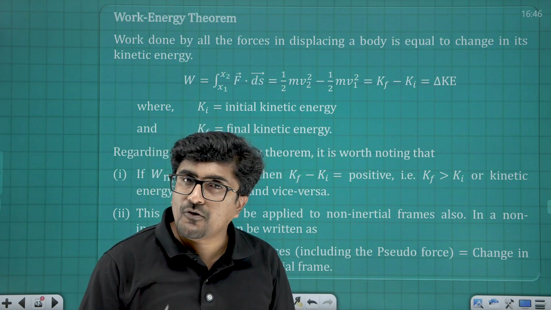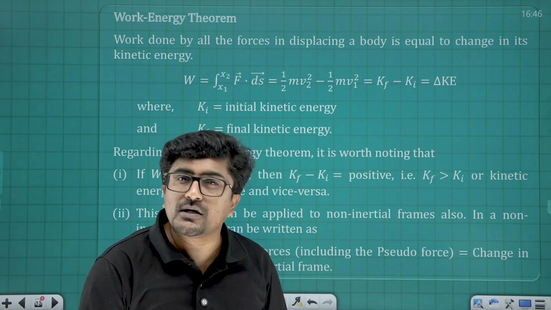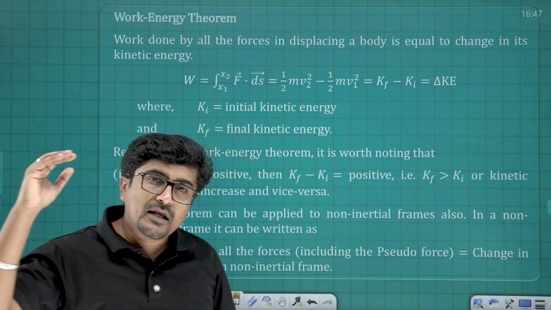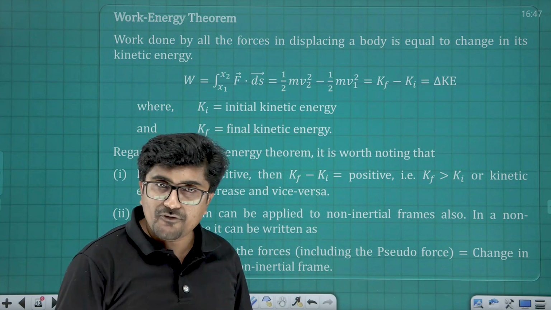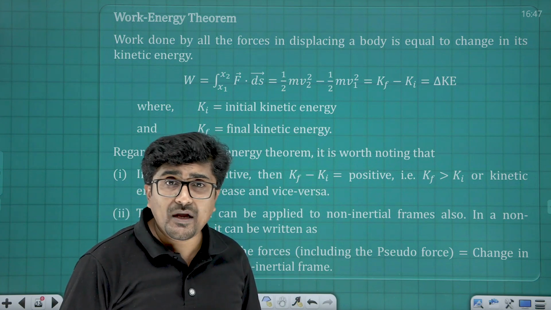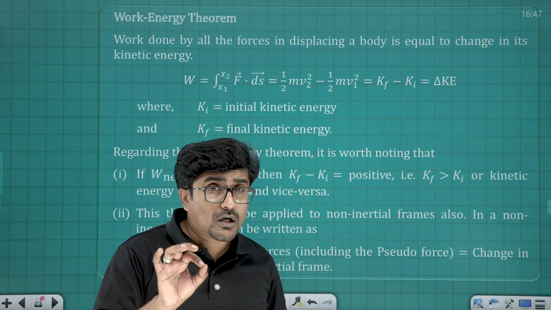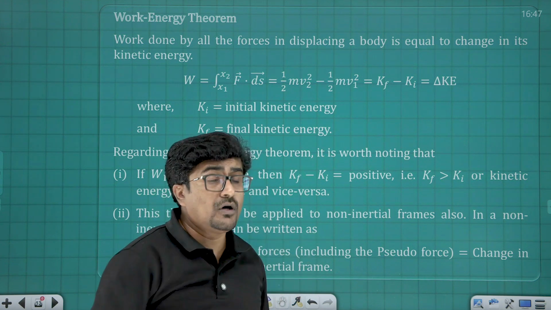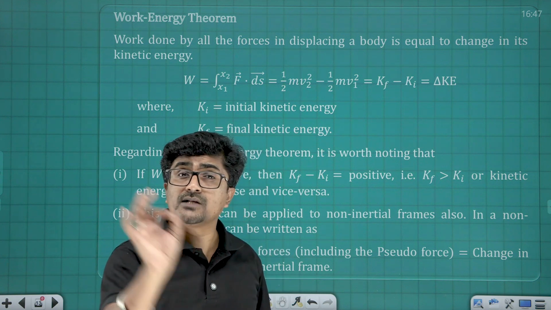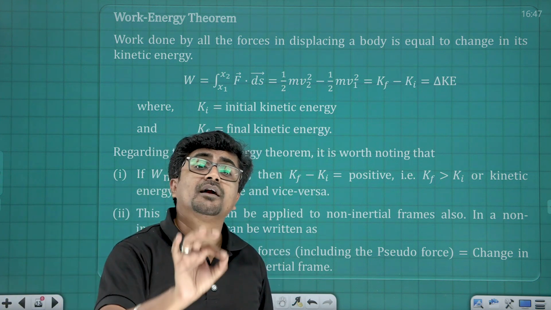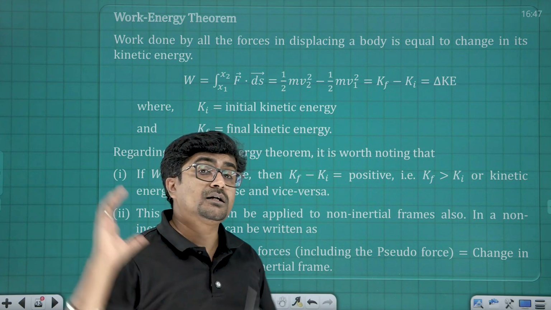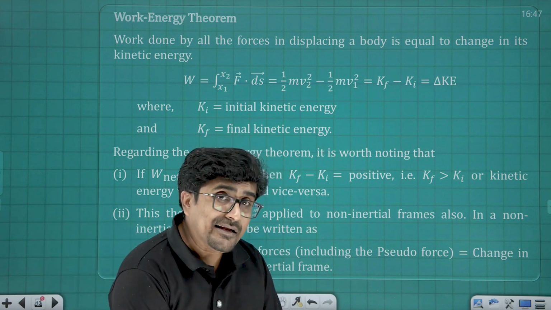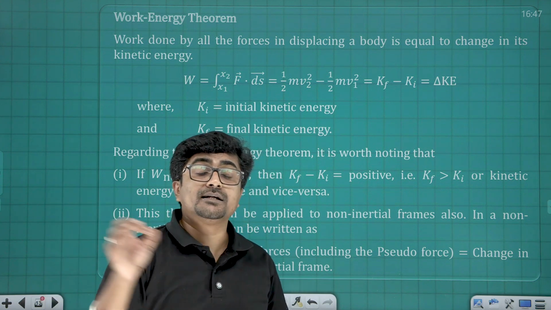That's simple. This information will help you in many cases, especially in those cases where you have a problem where a body is sliding from a top, and friction is acting. Now there are going to be 2 works, isn't it? There are going to be 2 forces, and as a result, 2 separate works are being done by 2 separate forces. One is work done due to gravitation, another one is work done due to friction. So if they ask you to calculate the final kinetic energy or final speed at the time of landing, once it reaches the ground, what is the speed of the body?